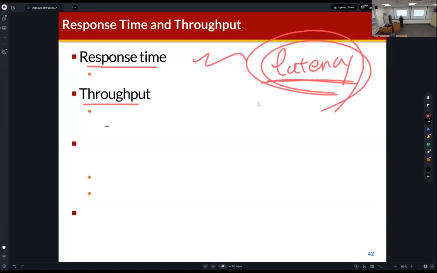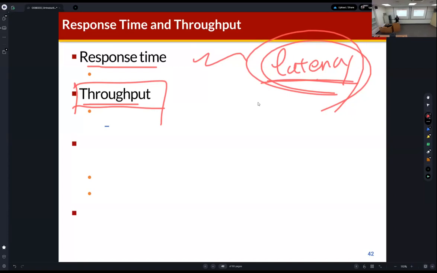Latency is the time gap between the start time and end time. And then what is the meaning of throughput? These are very important performance metrics in computer systems.